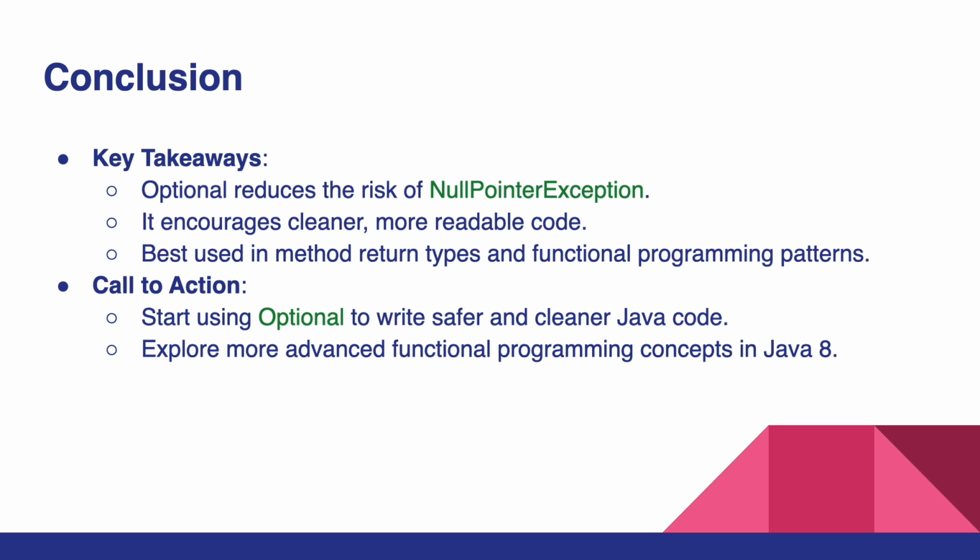It's not just syntactic sugar, it enforces better API design and makes your code more robust. So start using Optional in your Java projects, especially in return types, and take your functional programming skills to the next level.